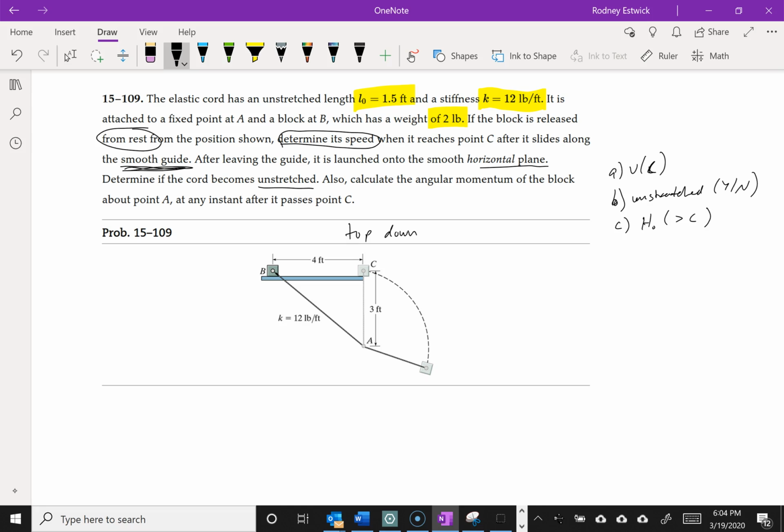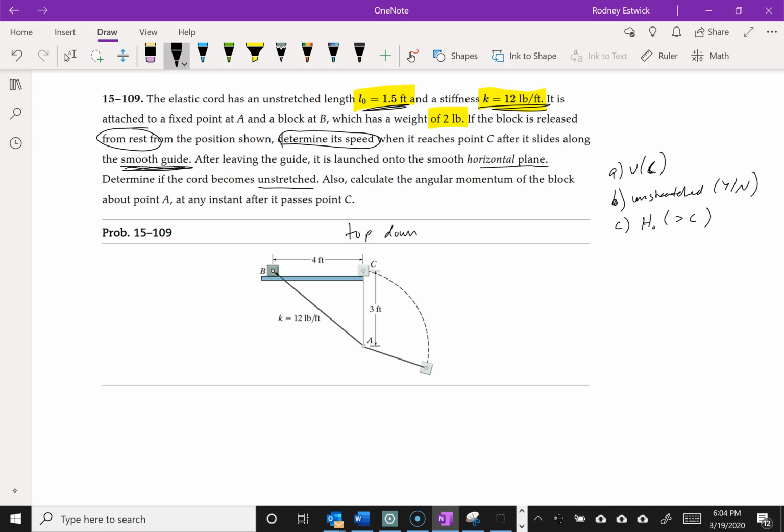All right, so let's figure out the speed here. So looking at this, the impetus for motion is this stretched elastic cord with this kind of spring constant. So there's potential energy in it due to this stretched spring. And in all cases, it looks like it's stretched from its unstretched length, which is 1.5.